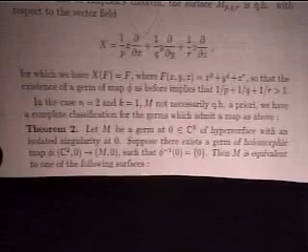Suppose that we have a germ at 0 in C^3 of a hypersurface with an isolated singularity. And suppose there exists a germ of a Lorentz map with this property. Then M is equivalent to one of the following surfaces.